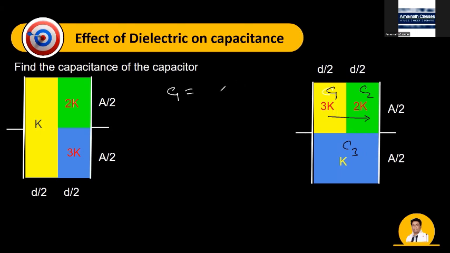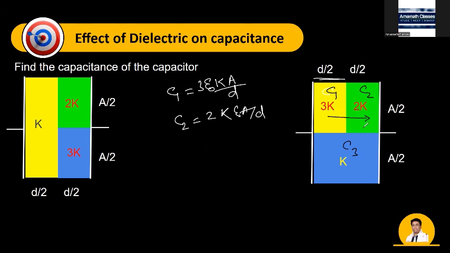C1 is epsilon naught 3K A by 2 by D by 2, no? Because this is D by 2, this is D by 2, this is A by 2. So you can directly write A by D. And C2 capacitance is 2K epsilon naught A by D.